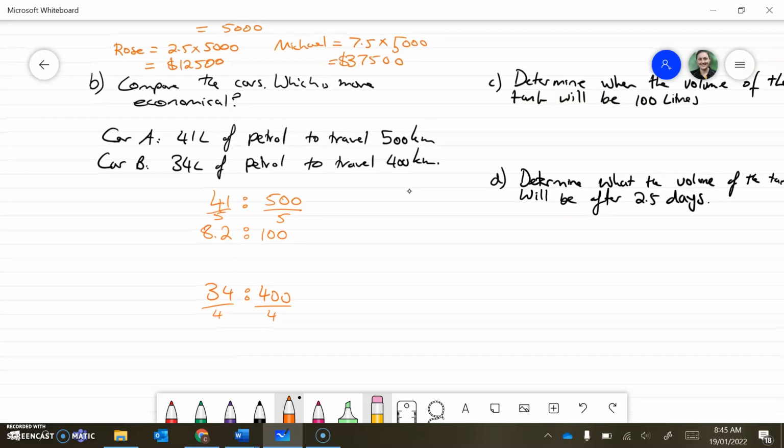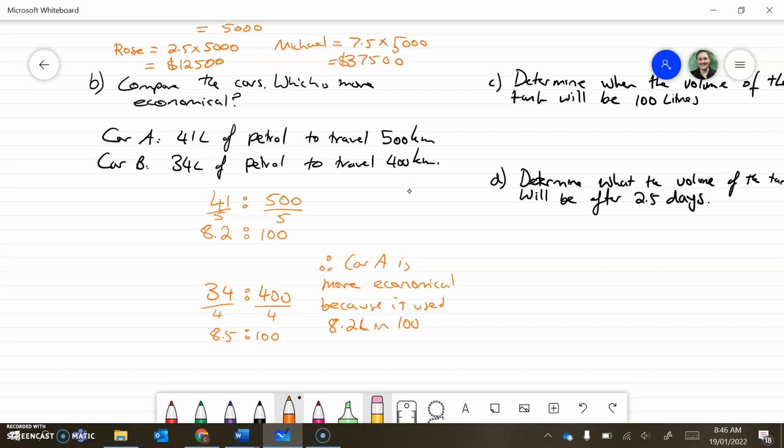And the second car in 100 kilometres used 8.5 litres. So therefore, car A is more economical because it used 8.2 litres in 100 kilometres compared to B, which used 8.5 litres.